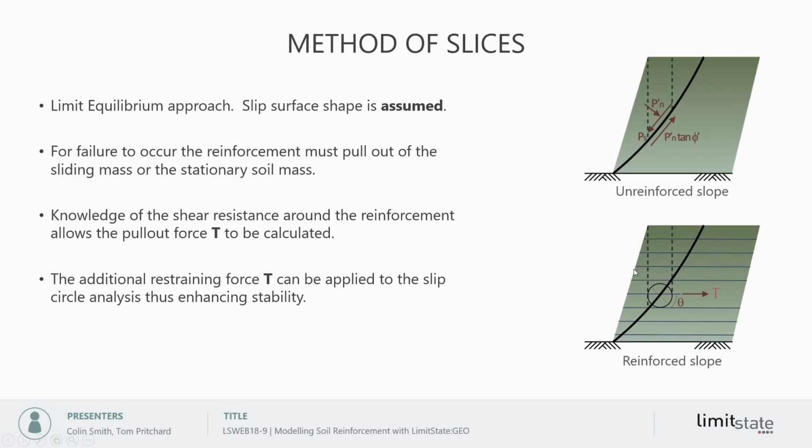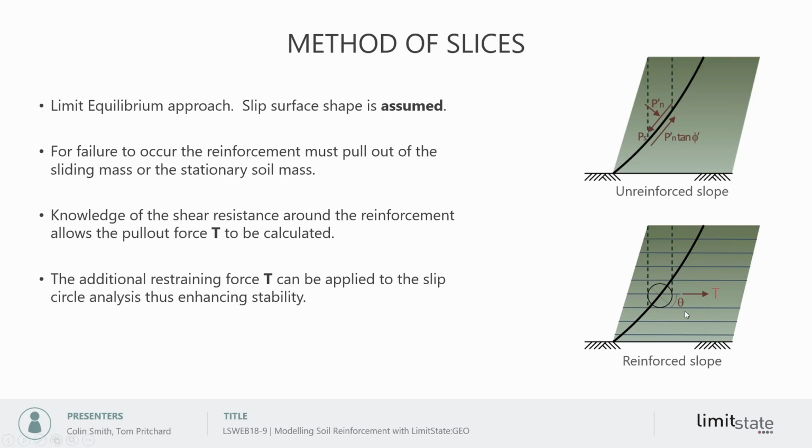And if you've got reinforcement within the soil, then what you can do is calculate the additional force required for that slip surface to occur. It's going to have to pull the reinforcement out of the soil behind the slip surface. You can calculate that pull-out force and then say that that can be applied to that slip surface for stability.